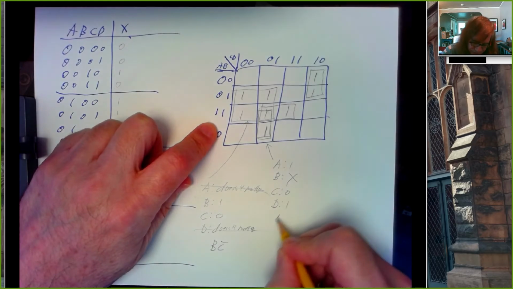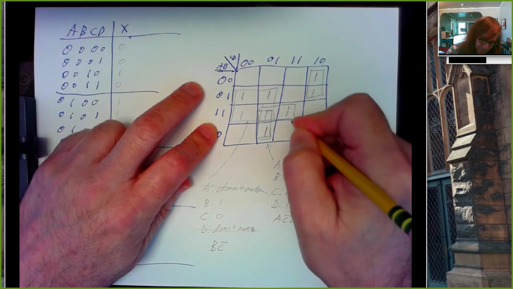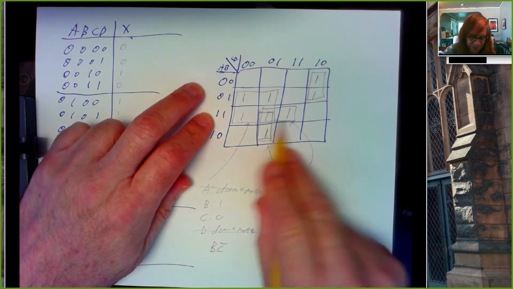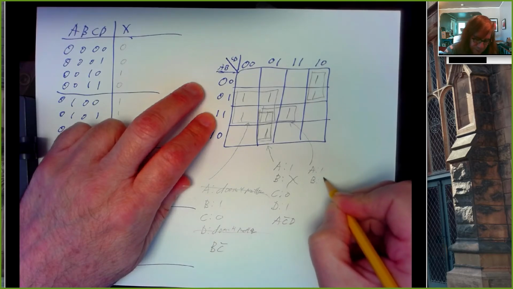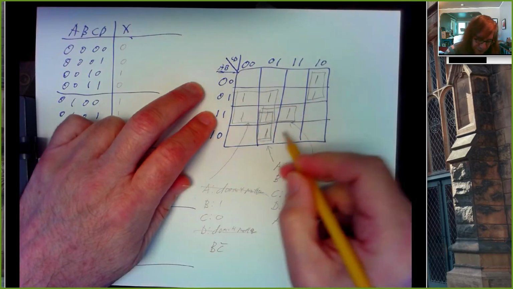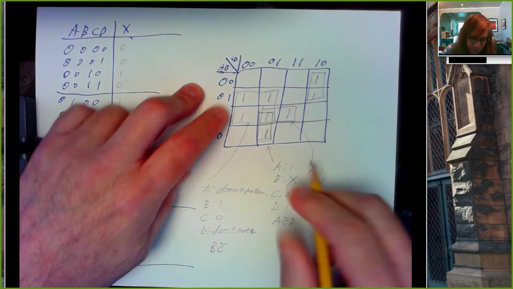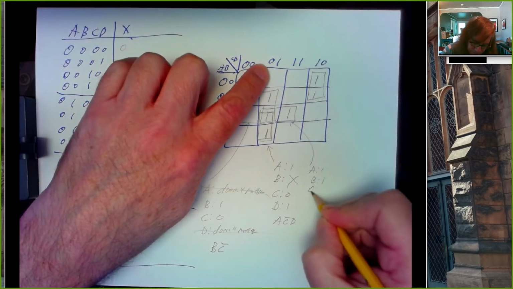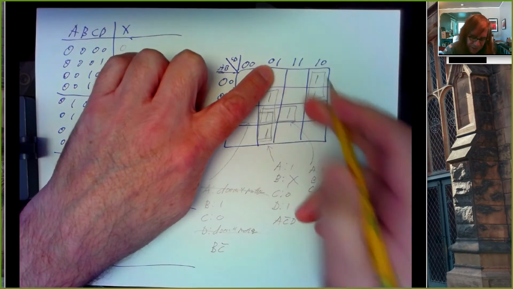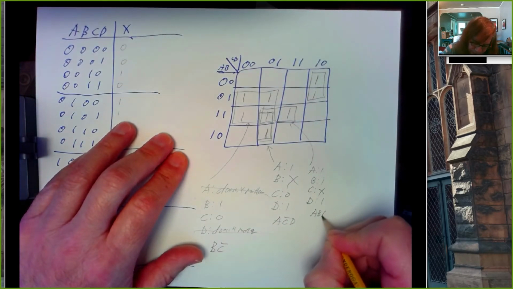And so this is the expression A, C bar D. And this rectangle here looks like A is a 1, B is a 1, C could be a 0 or a 1, so we don't care, and D is a 1. So that's the expression A, B, D.